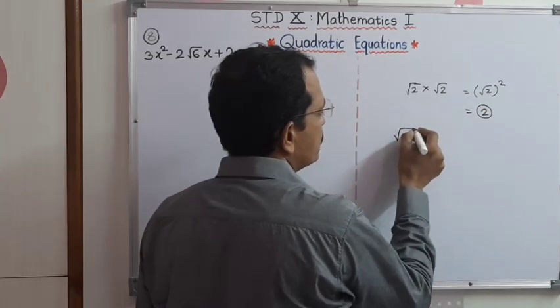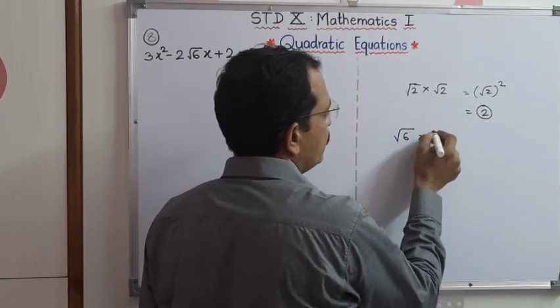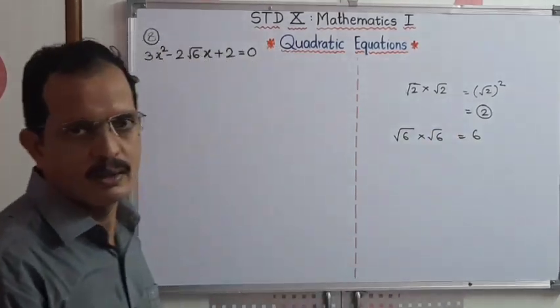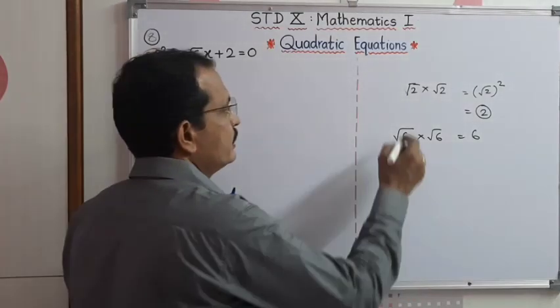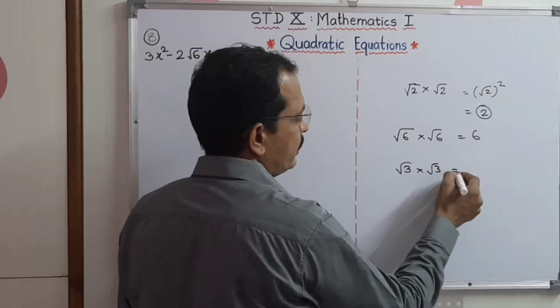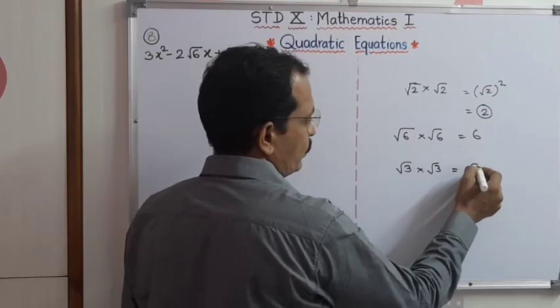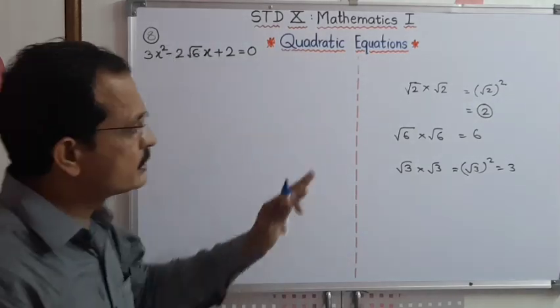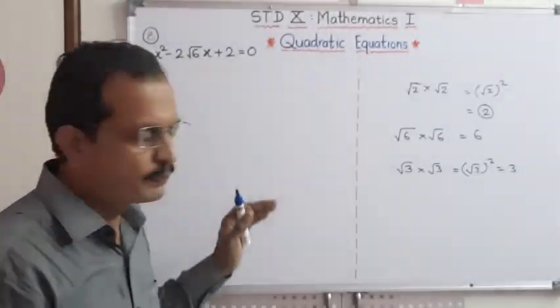Therefore, suppose it is like this, root 6 into root 6. The answer is 6. And see here, that means root 3 into root 3, it is root 3 square and it is 3. This property we have to use here.